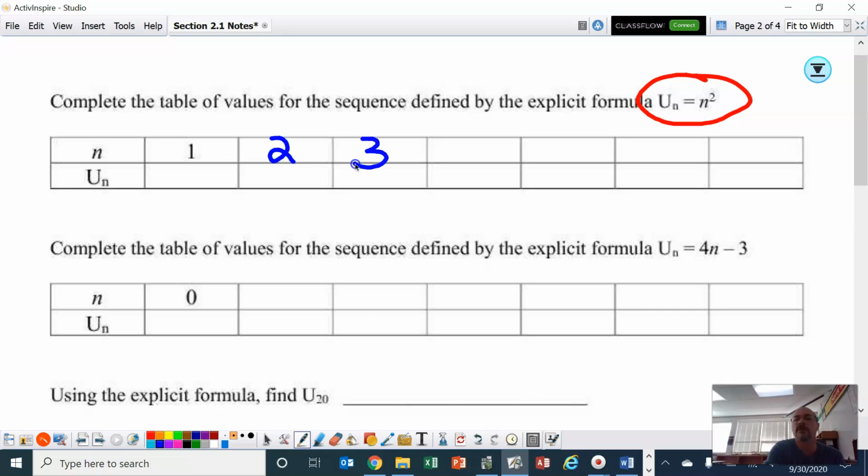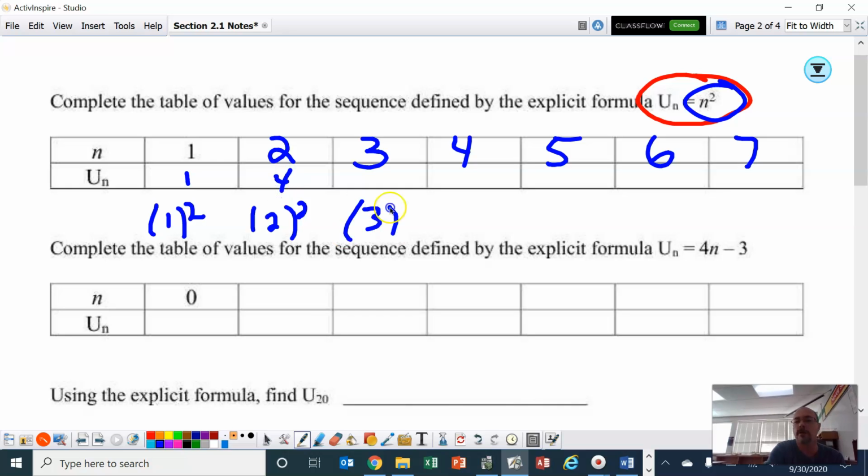So what we're doing, ladies and gentlemen, is we're squaring the numbers. So we're going to take 1 squared, 1. 2 squared, because that's the rule. 2 squared is 4. 3 squared, that's 9, and so on. 4 squared, 16. Hopefully you know your squares really well.